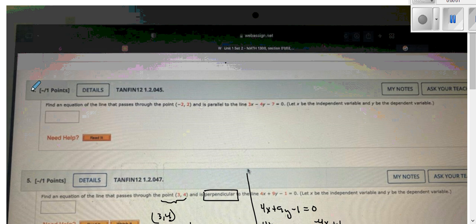Right, so for number 4 here, to write the equation of a line, you either need to have, and let me just do this first, a slope and a y-intercept, or you need to have a slope and a point.